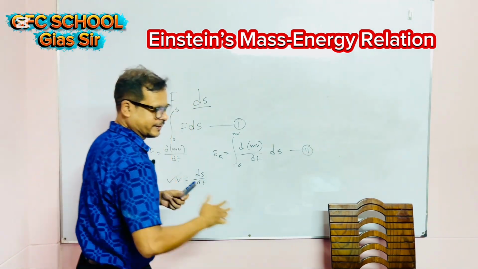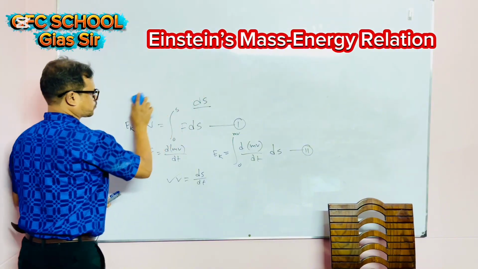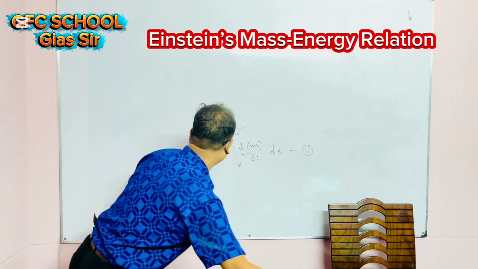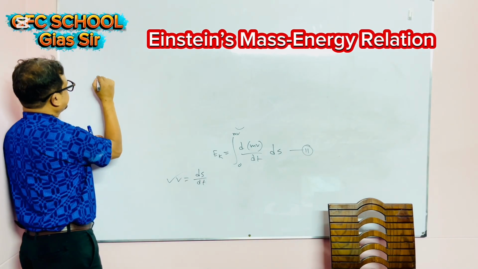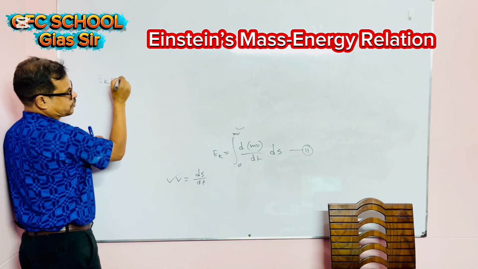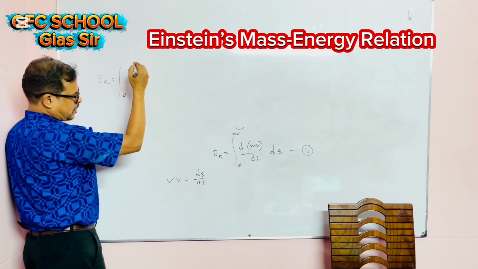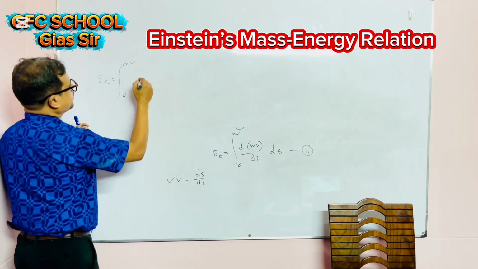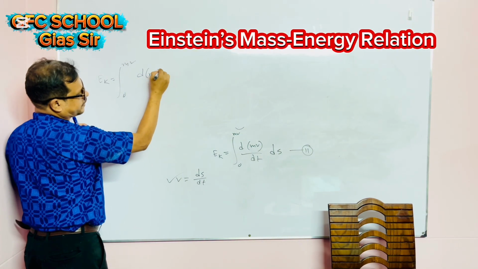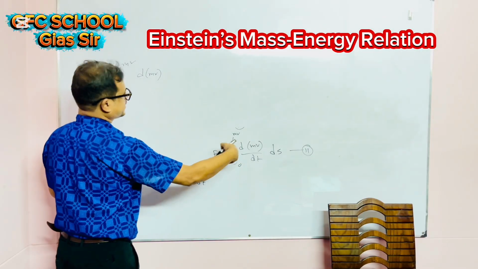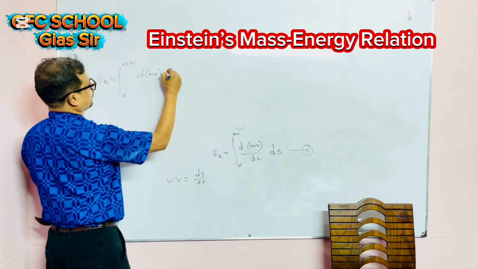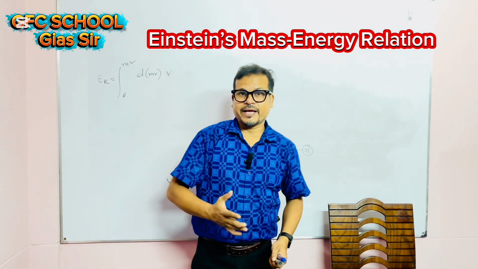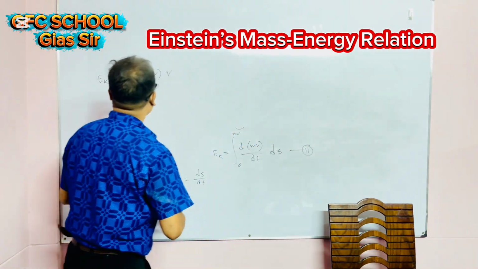That means kinetic energy equals the integral from 0 to mv of d(mv) times ds by dt, which means v. Guys, this is our line, and from this line what can we see?